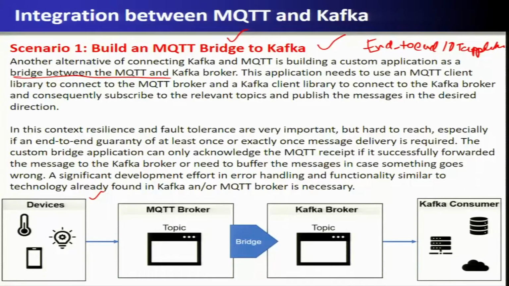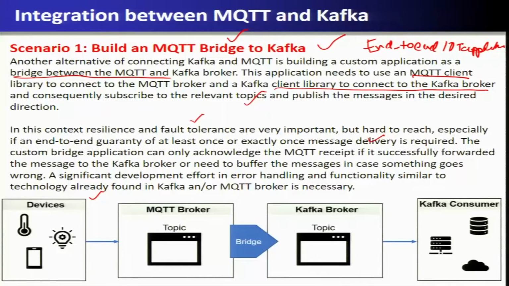This application needs to use an MQTT client library to connect to the MQTT broker and a Kafka client library to connect to the Kafka broker, and consequently subscribe to the relevant topics and publish the messages in the desired direction. In this context, resilience and fault tolerance are very important but hard to reach, especially if an end to end guarantee of at least once or exactly once message delivery is required.